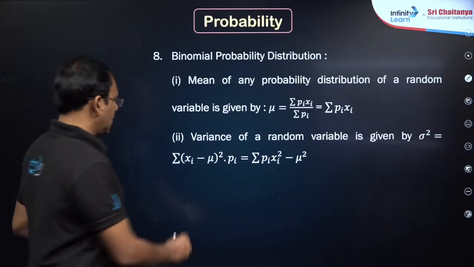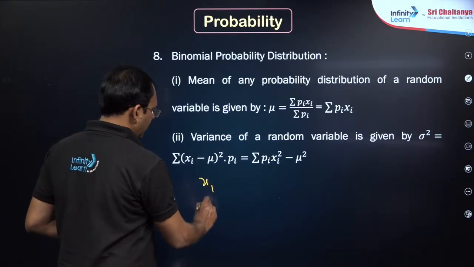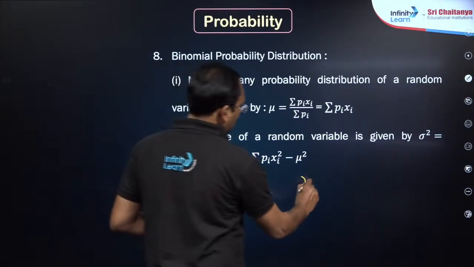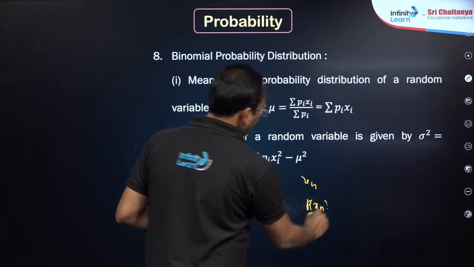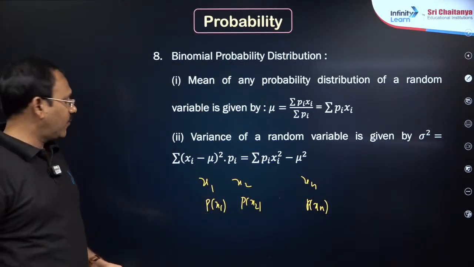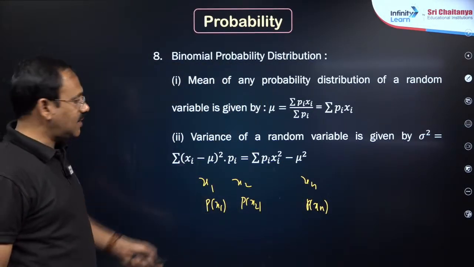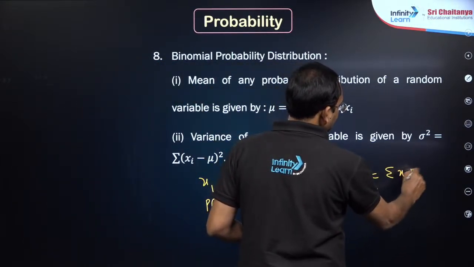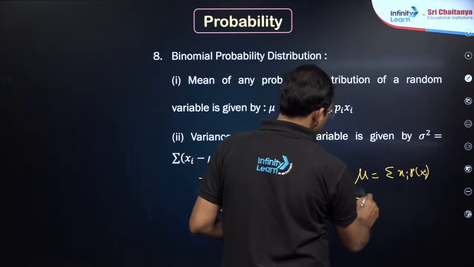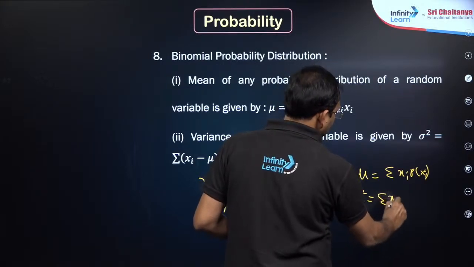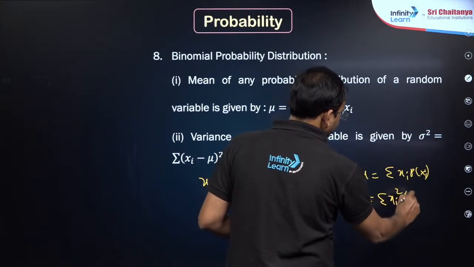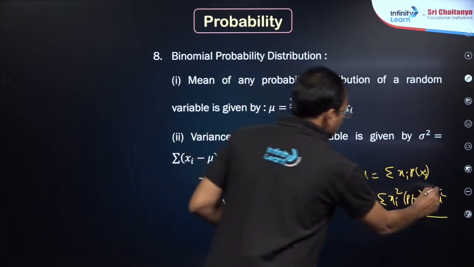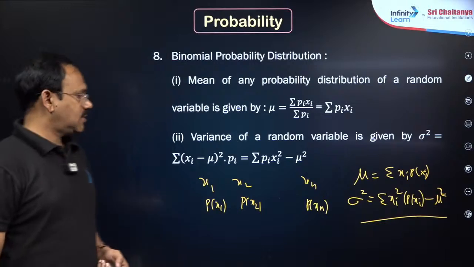Probability distribution means you will be given x1 p of x1, x2 p of x2, and so on xn p of xn. Sum of our probabilities must be 1, and sigma xi pxi is the mean. Mean mu is equal to sigma xi pxi, and variance is equal to sigma xi square pxi minus mu square. This is the formula for variance.